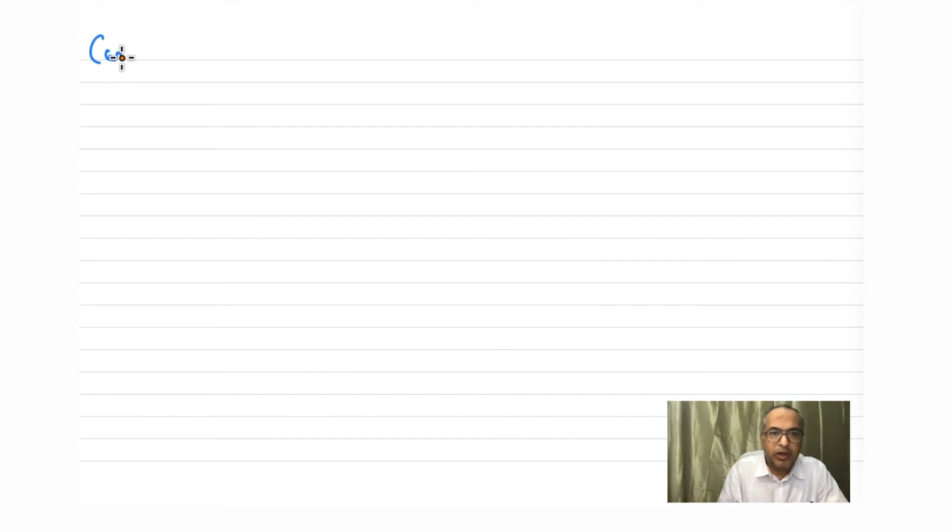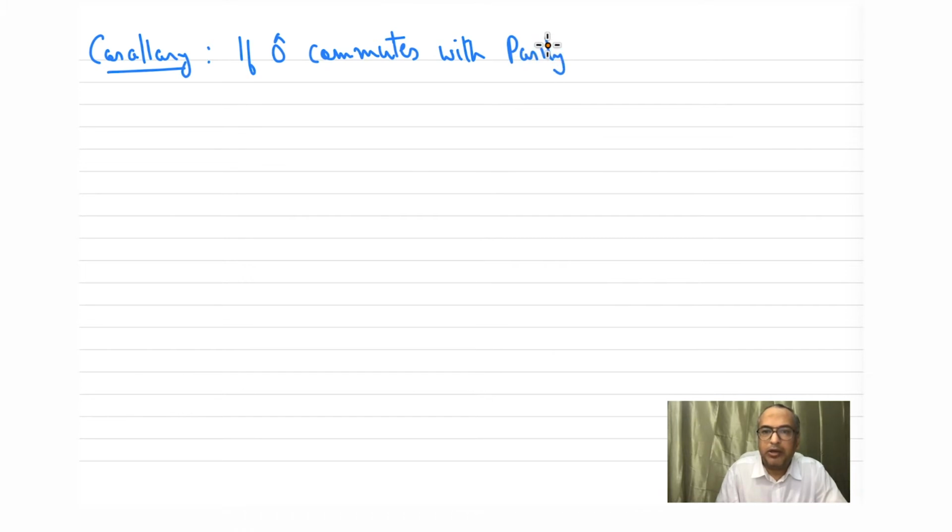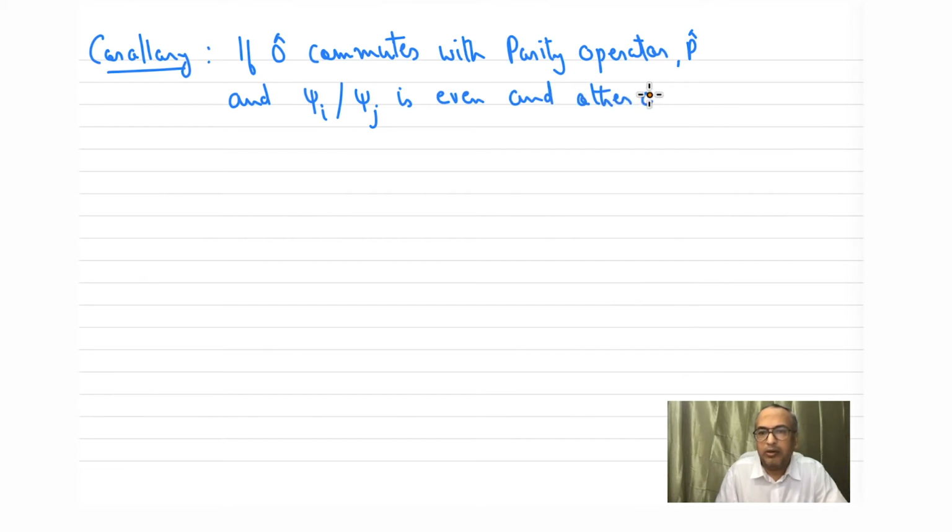So let's say I have a corollary based on rules of symmetry which says that if operator O commutes with parity operator P (we will come to what the parity operator is), and psi_i and psi_j, one is even and the other one is odd, then I goes to 0.